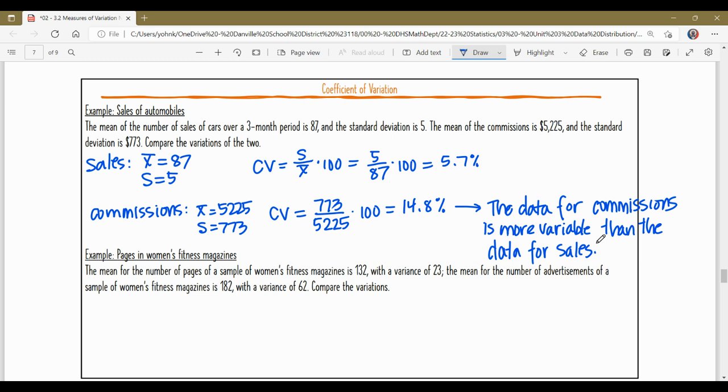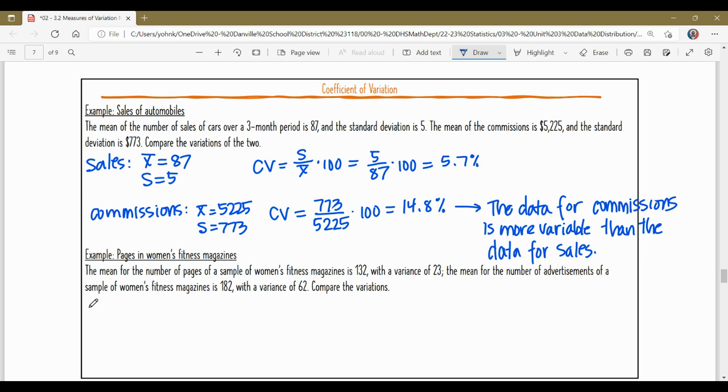All right, let's try one more. The mean for the number of pages of a sample of women's fitness magazines is 132 with a variance of 23. The mean for the number of advertisements of a sample of women's fitness magazines is 182 with a variance of 62. Compare the variations.